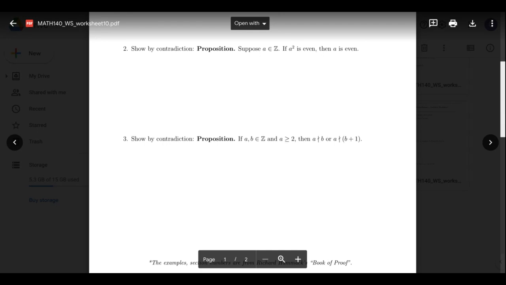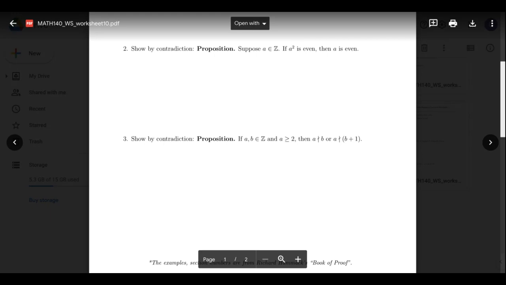You should make sure you use the same lowercase a, all right? In this course, the capital letter A represents a set. George, you cannot say suppose A is odd. You're assuming the negation, right? You suppose A squared is even and A is not even, or A is odd.